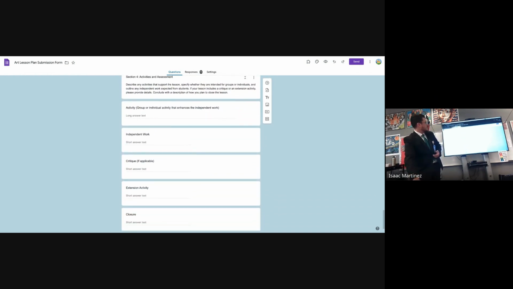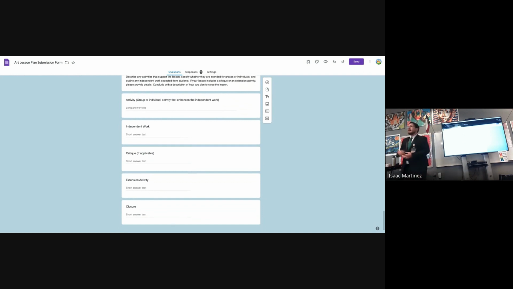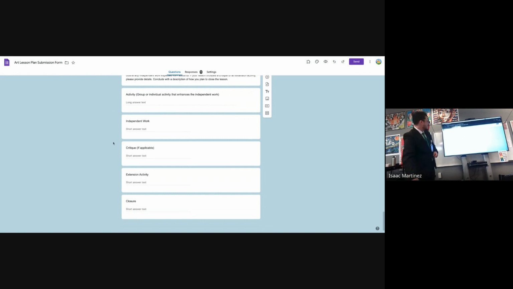And then the last part is more of the activities, what goes on throughout the day for the lesson. And this isn't a daily lesson plan. This is more of a general overarching how to do this lesson. Think of it like a lesson plan from Teachers Pay Teachers, only this is from the school. And then once you fill everything out, click submit.